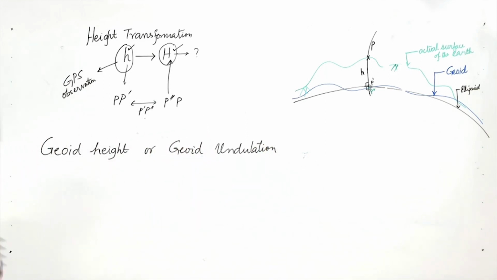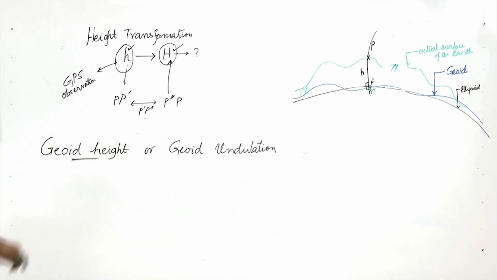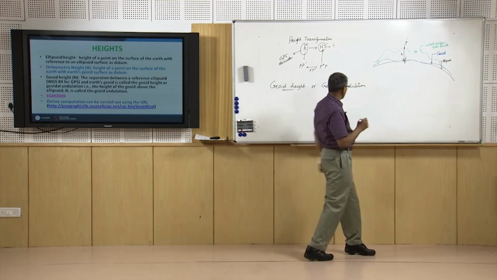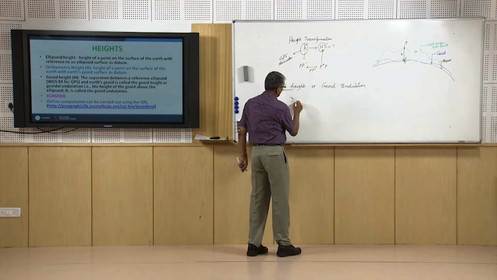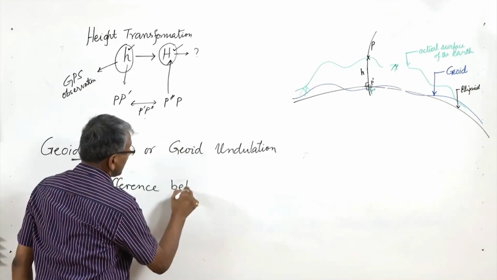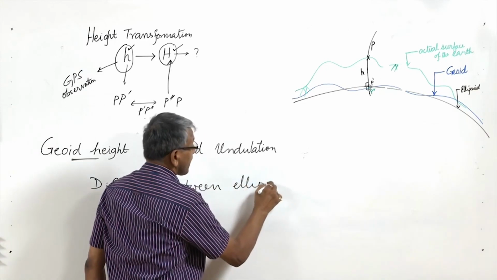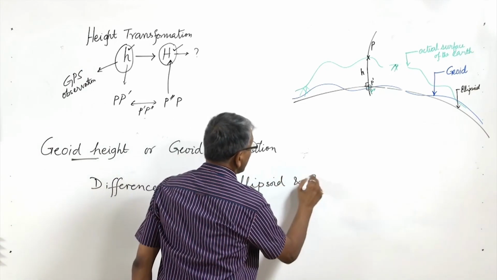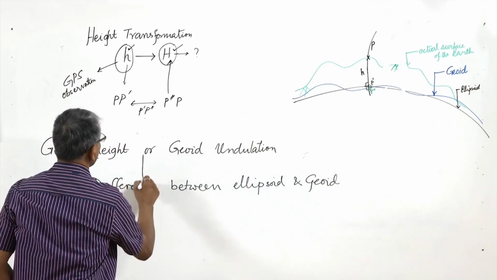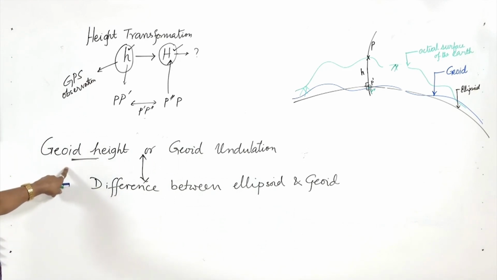We need to know what this is. The height, or the difference, between the ellipsoid and the geoid is known as geoid height.